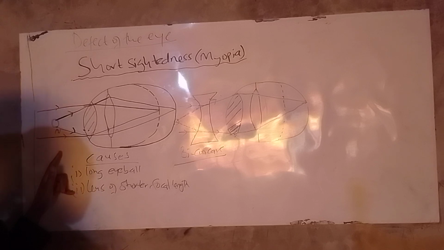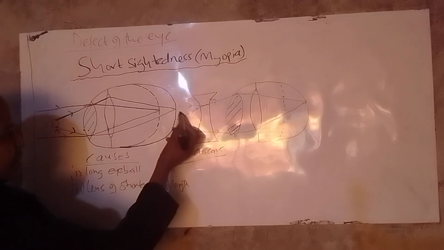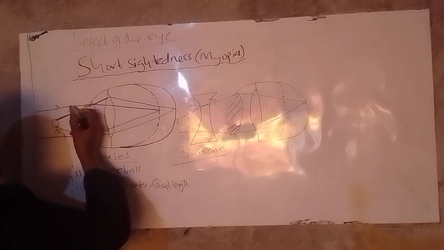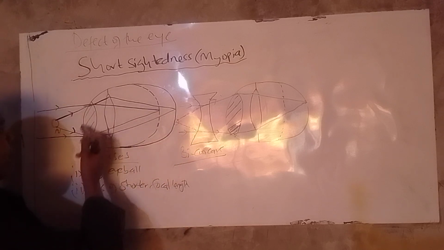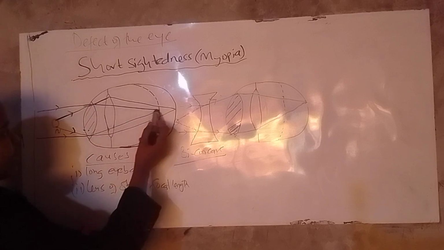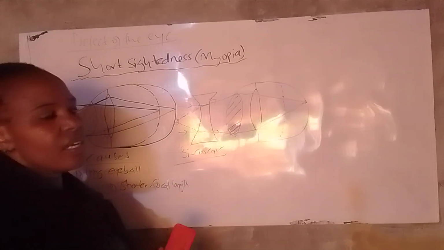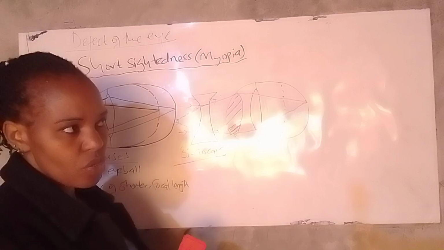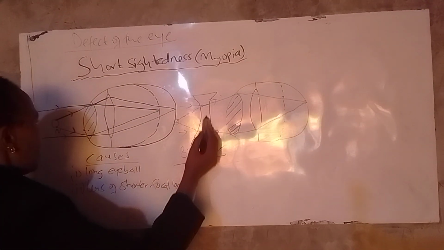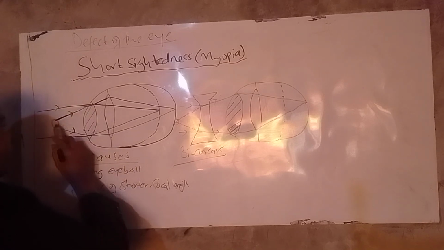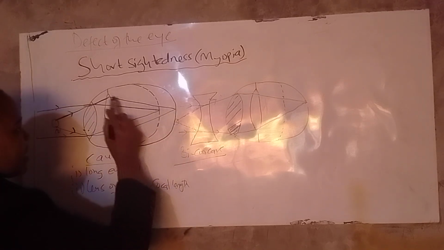These are rays that are coming from the distant object. Normally, they went to a place in front of the retina, which is not where it should be. And these rays are coming from a near object. Those ones reach the retina.